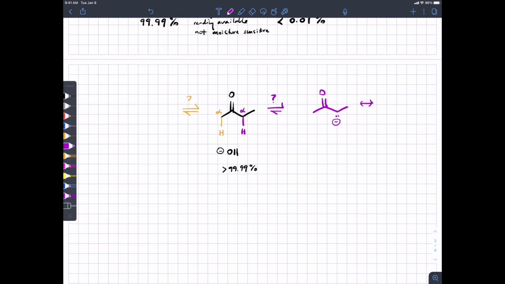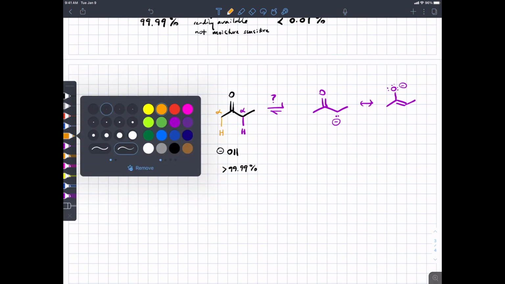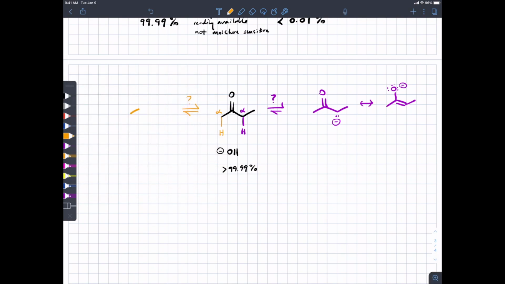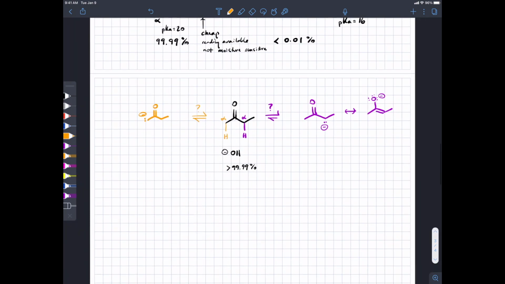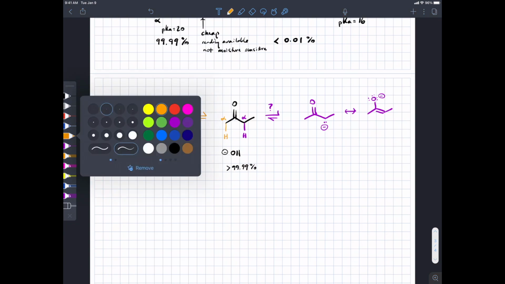And I'm also going to draw its resonance structure for a reason you'll see in just a minute. Then let's draw the orange enolate, the one we get from removing the orange alpha proton, and I will also draw its resonance structure.